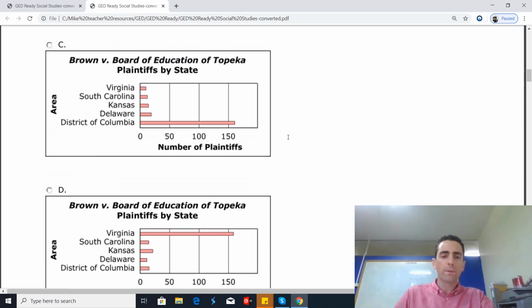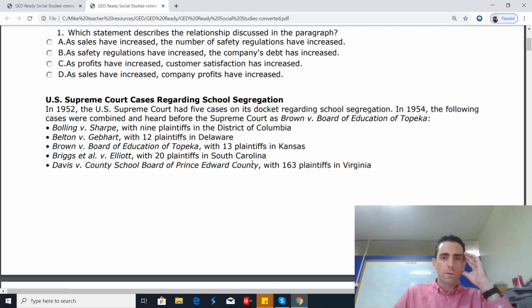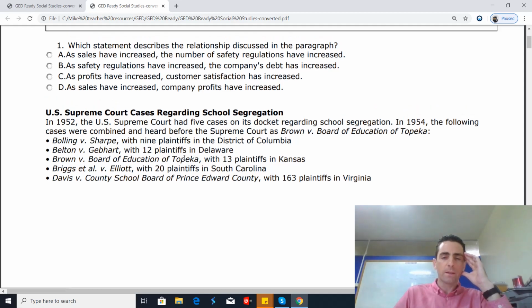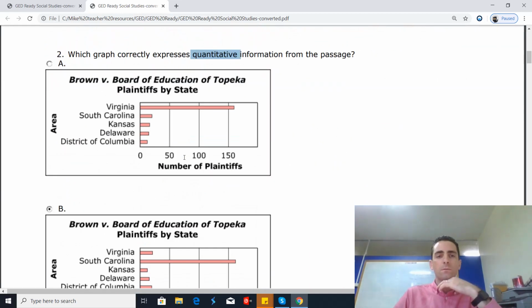Kansas has more than the others on this graph. 13. No, South Carolina has 20 there, so it can't be D. Okay, it must be A. Yeah, the answer is A there.